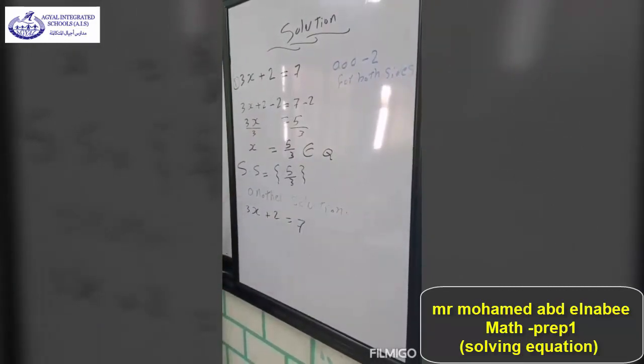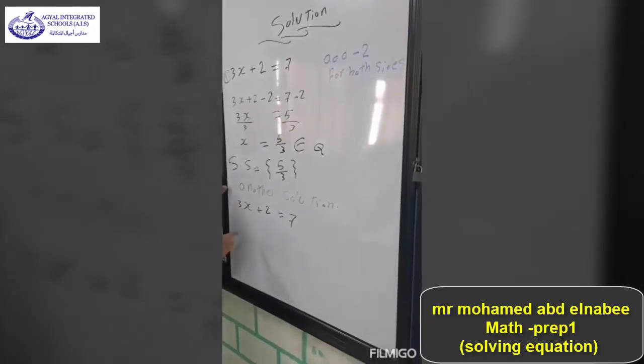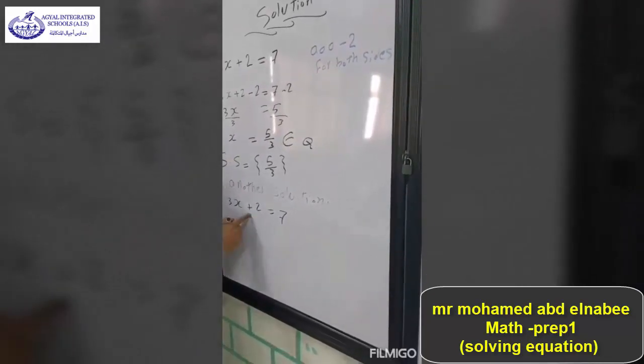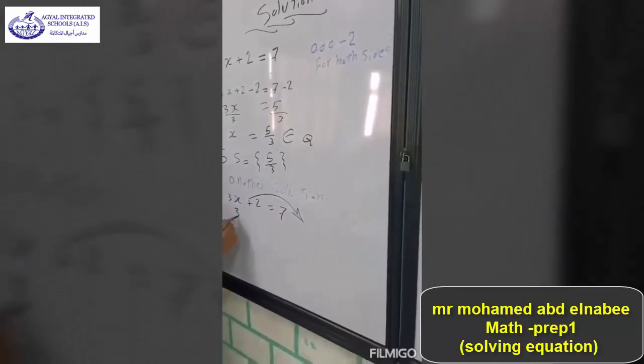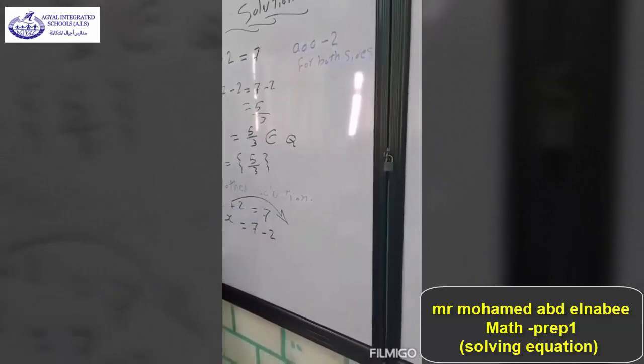What do I do? We said in the first part, we take the number to the other side by opposite operation. This plus we take by minus. So 3x equals 7 minus 2.